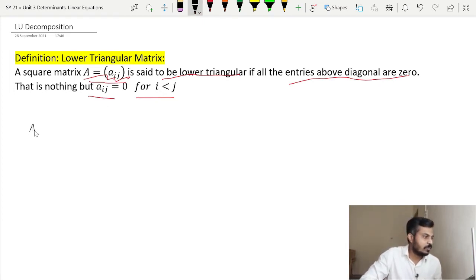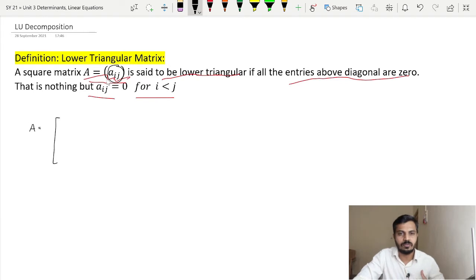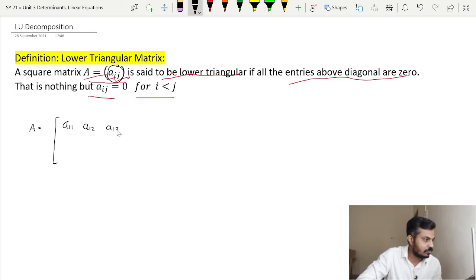So let us talk about a 3 by 3 matrix. Since Aij is the notation used to represent entries of a matrix A, in other words it is nothing but A11, A12, A13, A21, A22, A23, A33.